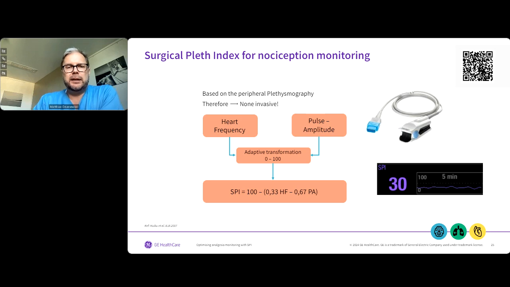And they found out that adjusting this index by further using the systolic blood pressure, heartbeat interval, pulse transit time, did not give us further advantages in the monitor. So by just using those two components, they had a quite good signal dividing the nociceptive stimulation and also seeing remifentanil effects on this parameter.